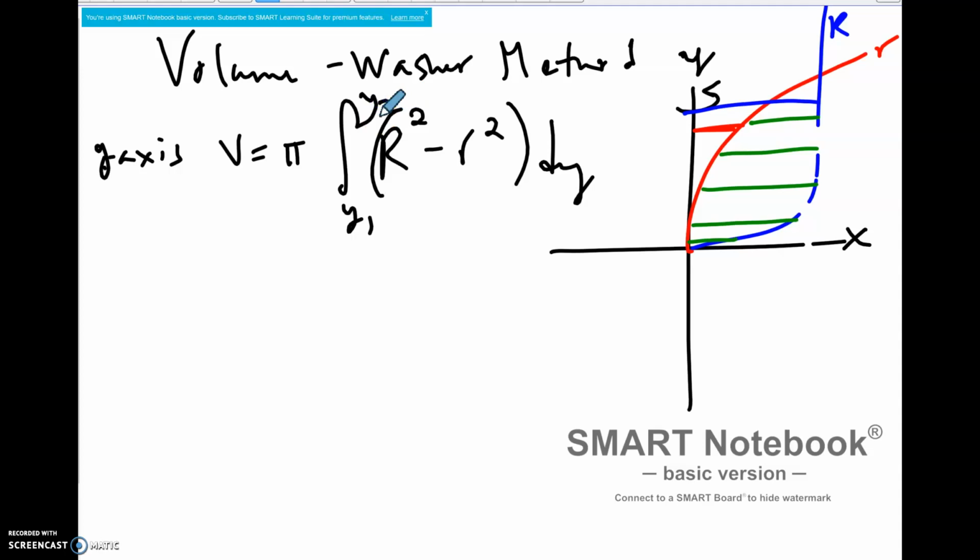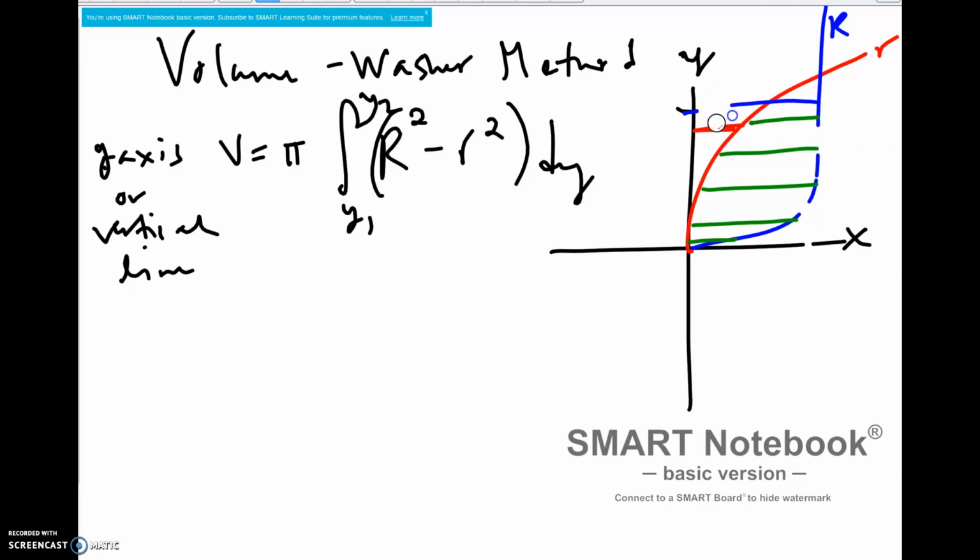So this is when I'm rotating about the y-axis or a vertical line. In this specific scenario, if I think right minus left, well, big R minus 0 is just big R. And then over here, little r minus 0 is just little r. So that's R squared minus r squared.